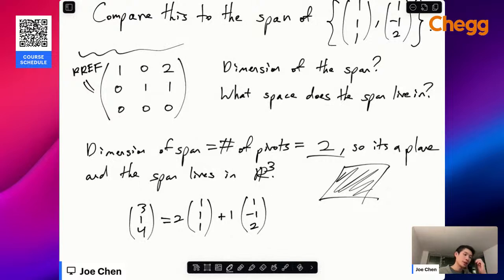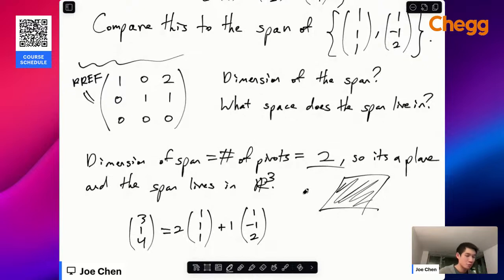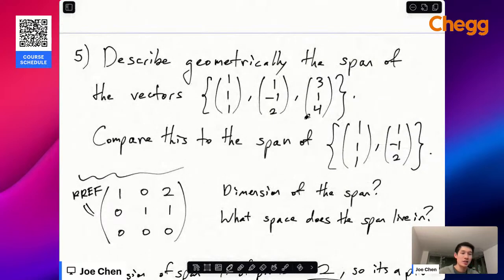So geometrically, that's what it should look like: you're able to make this vector just by using a combination of these two. So adding this vector to the span doesn't add anything.